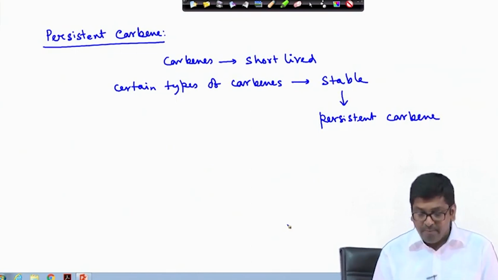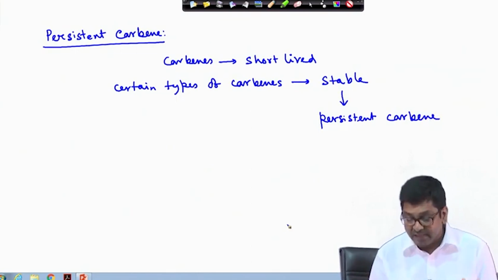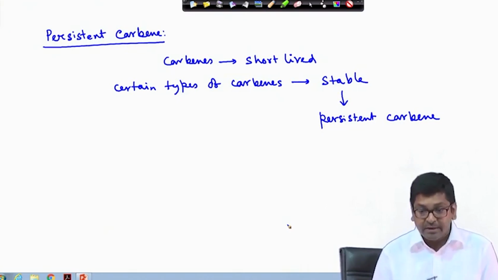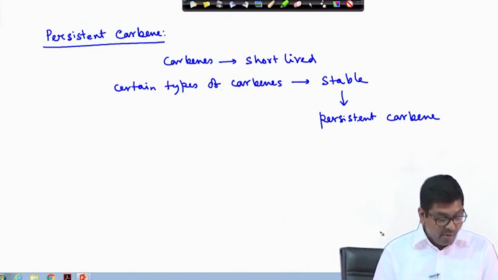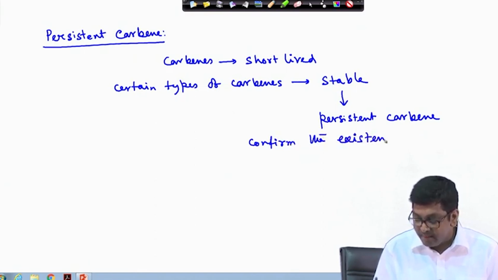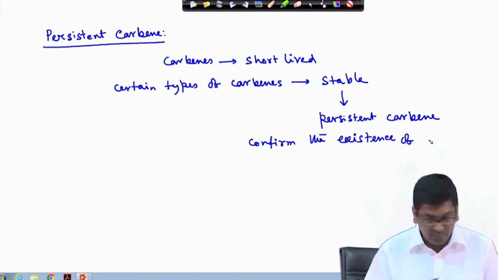Okay. And obviously, if some carbenes are stable and can be detected by various spectroscopic methods, then obviously this confirms the existence of carbene.